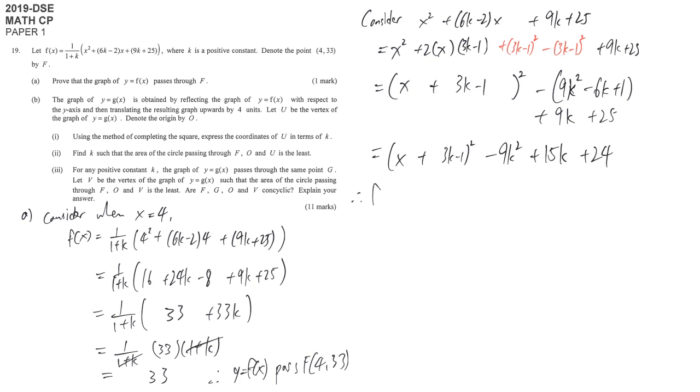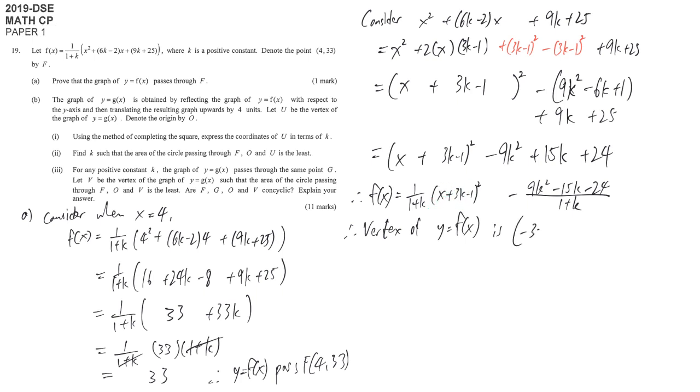So go back to our question. Therefore, the vertex of y equal to f(x) is when this bracket becomes 0, that means when x equal to negative 3k plus 1, then the y coordinate will become this term.